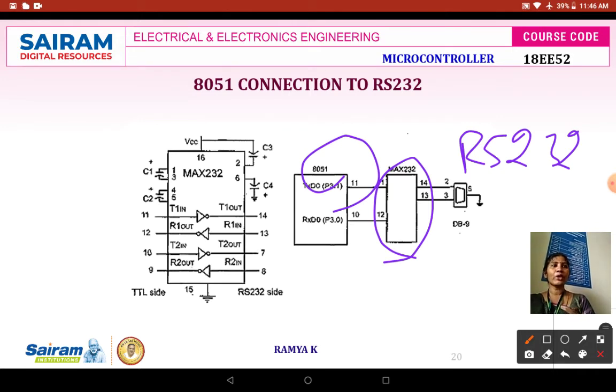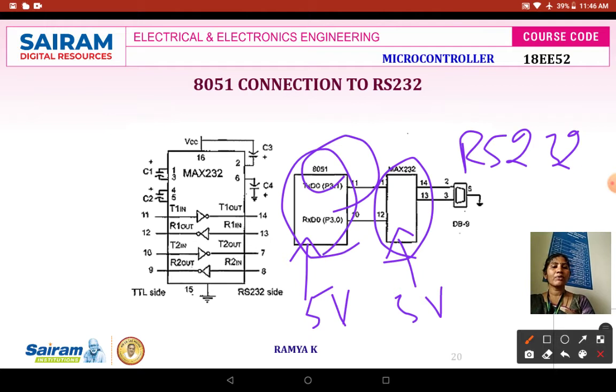So we need a dual power supply, because to make this IC work, we need to give 5 volt or 7 volt. Even to make this MAX232 work, you need to give a supply voltage. So we need to give dual power supply to work for this 8051 microcontroller and MAX232.